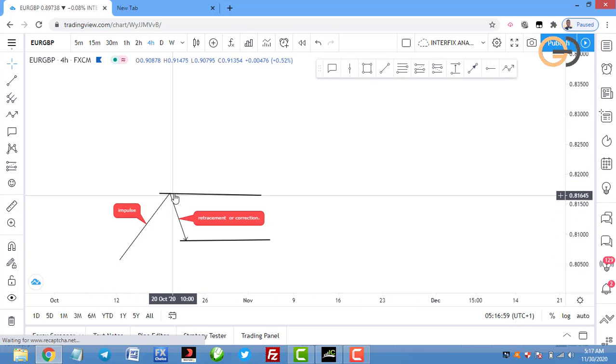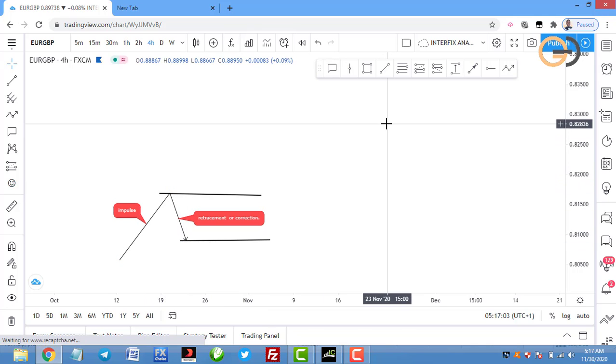It moves with an impulse, then corrects itself. And most of the time, don't forget this, the market corrects itself 50% of the previous move.